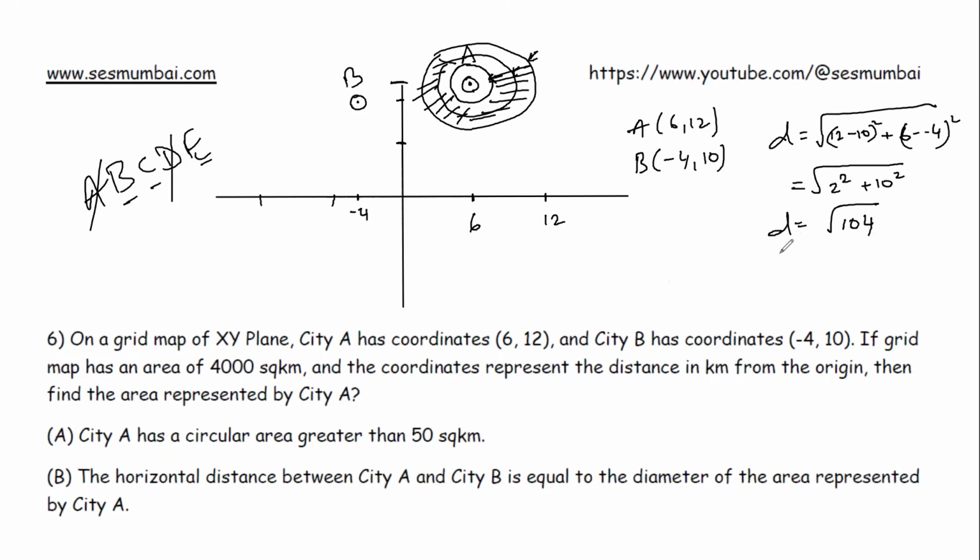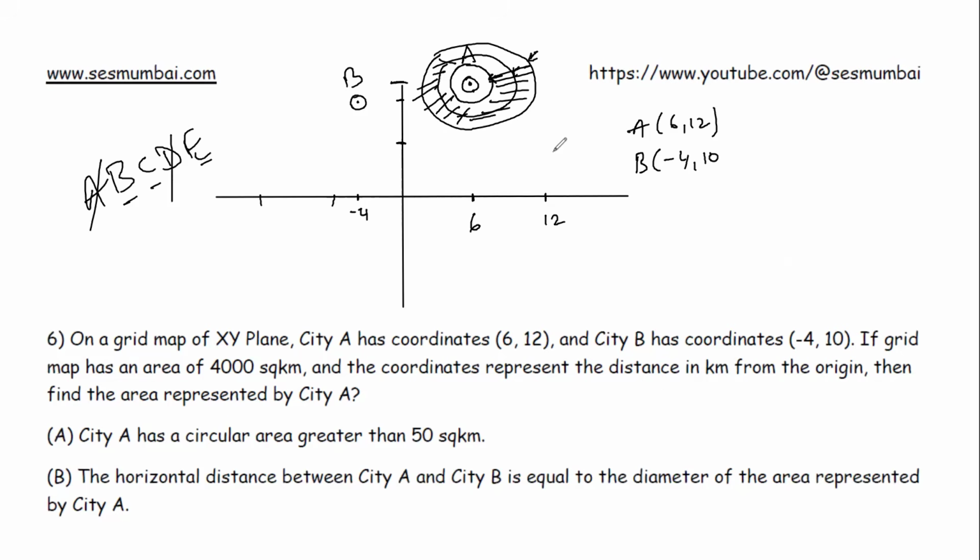But that is the distance between them, not the horizontal distance, my bad. Although the line looks horizontal, it's inclined. The horizontal distance is only the distance between 6 and negative 4, which is 10. So that is also the diameter of the area represented by city A.